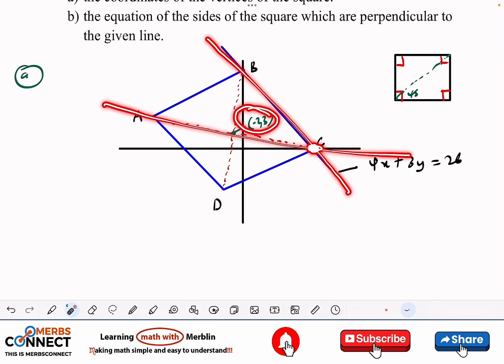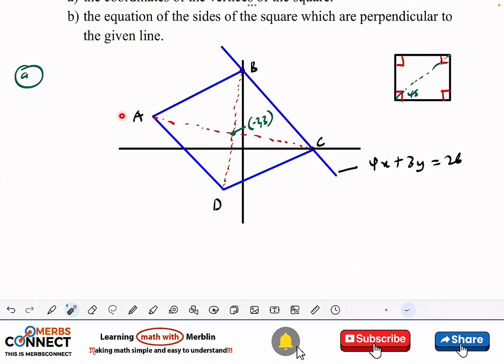So since we have this point, the only thing for us to form the equation of AC is to get the slope of AC, right? If you can see this, we have a line here. What is the midpoint? On this line, we have an angle between these lines, right?